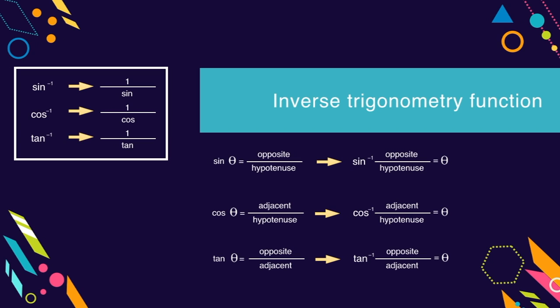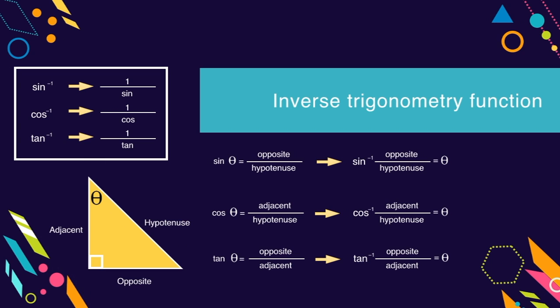Inverse sin means 1 over sin, inverse cos means 1 over cos, and inverse tan is 1 over tan. Now, let's talk about the inverse trigonometry functions. The same rule applies for these three functions, but when we want to calculate the angle, we must use inverse sin, cos, or tan.